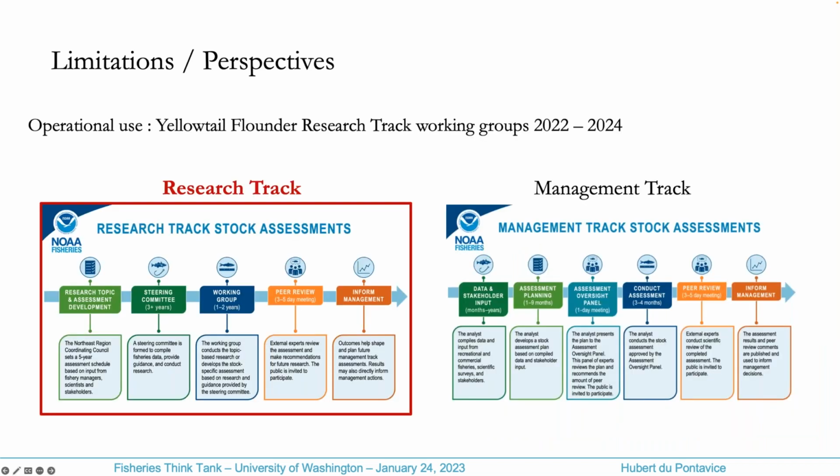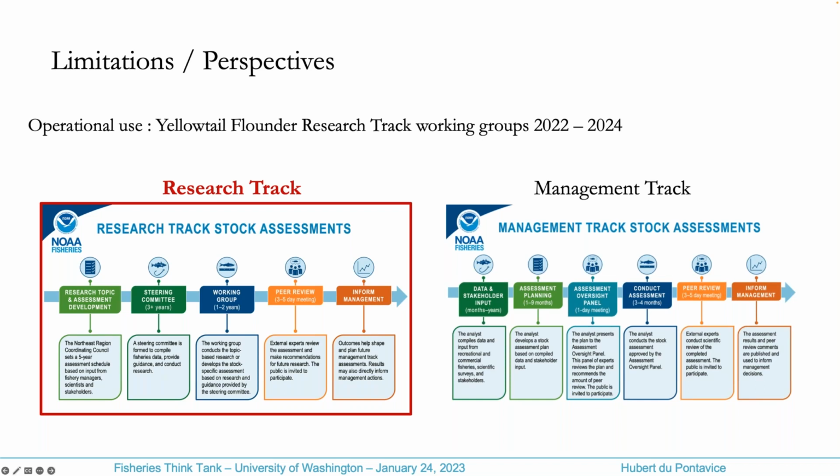Overall, this work we conducted on the southern New England mid-Atlantic yellowtail flounder will be reviewed by the yellowtail flounder research track working group. So research track is one of the major paths for the stock assessment process on the Northeast coast.